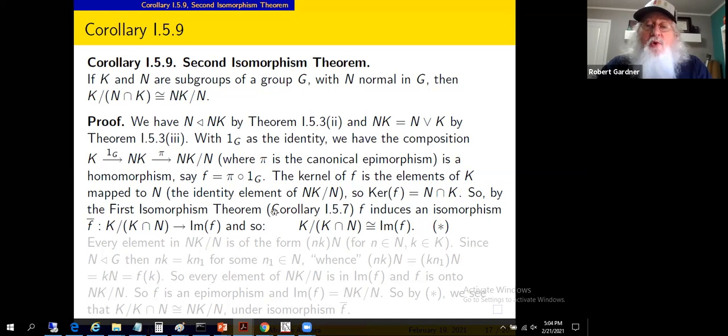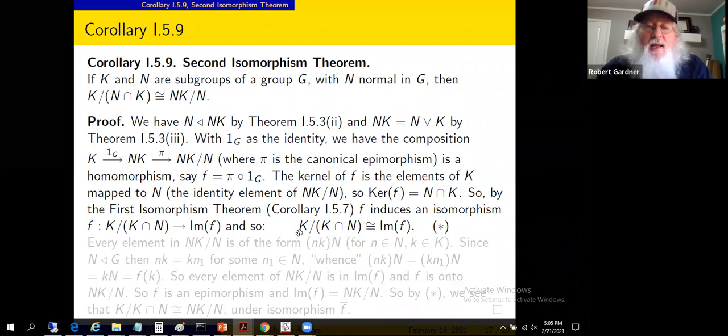So the first isomorphism theorem says F induces an isomorphism between this group, K mod the kernel of the homomorphism. The kernel we just showed was N intersect K. So we've got an isomorphism between K mod K intersect N and the image of that homomorphism, exactly what we saw in the first isomorphism theorem.